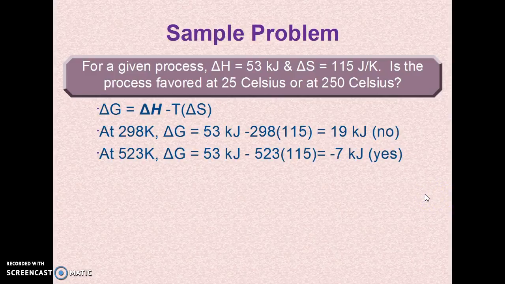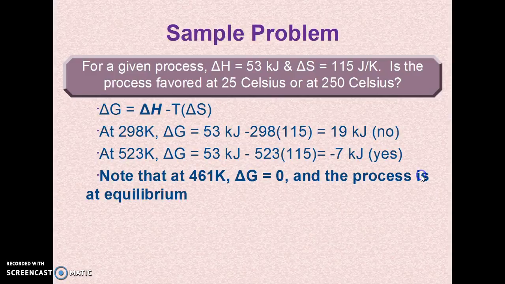But at 523 Kelvin, delta G, with the same delta H, but now we have increased the negative component of the equation, and now we're at negative 7 kilojoules delta G, and it is slightly favored.